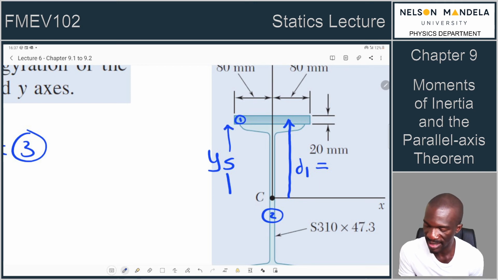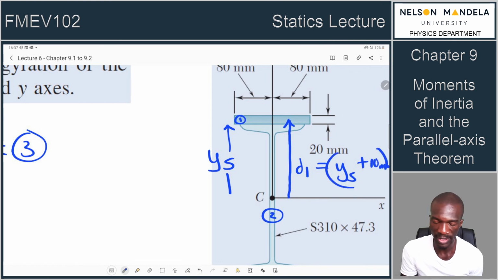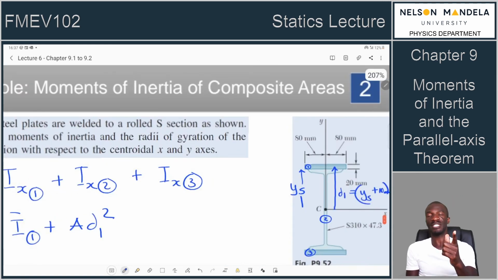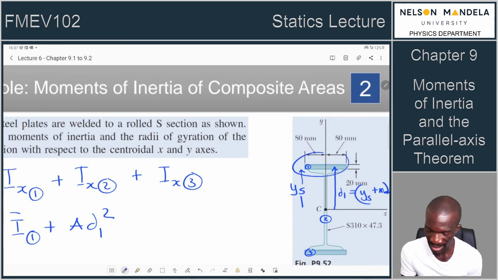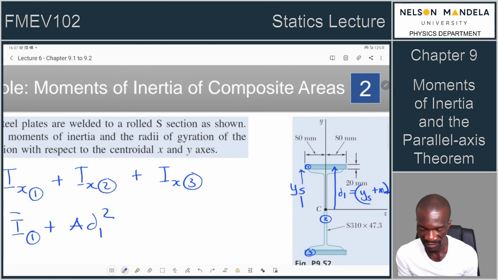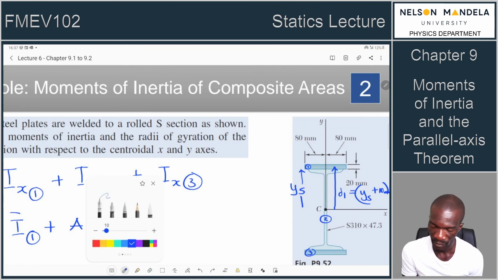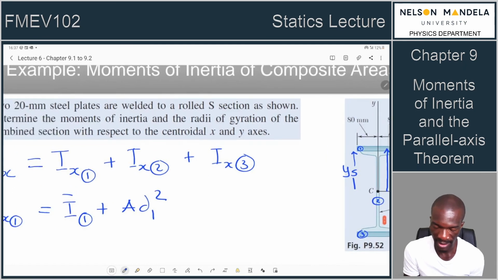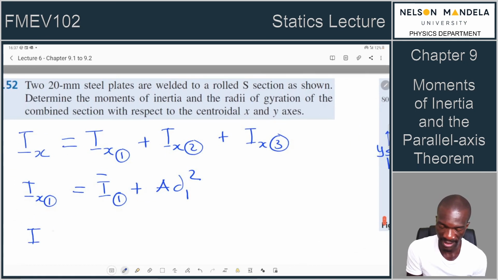So let me just say YS plus half of this thickness, which is 10 millimeters. So plus 10 millimeters. That would be your D1. So you now have your D1. What is the area? This is just length times width. So I don't have to really write that. It's just length times width of a plate. We're done. Then let's look at the second, which is the S section.